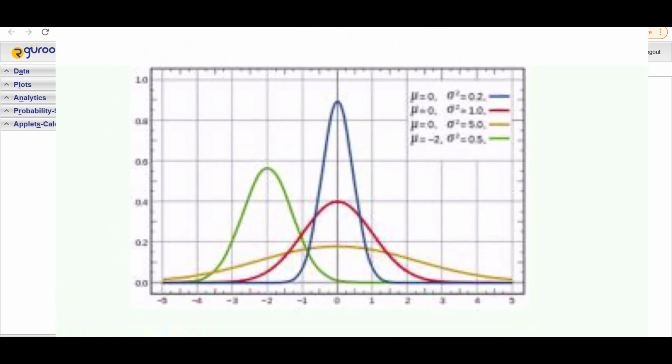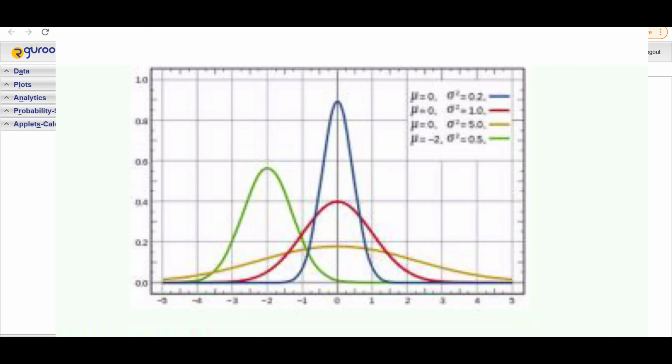Over here, it looks a little blurry, but you'll see the mean is 0 for the first three and then -2 for the last one. And on the right, you'll see varying variances, so the standard deviation squared, of 0.2, 1, 5, and 0.5, and then we have various colored lines here.